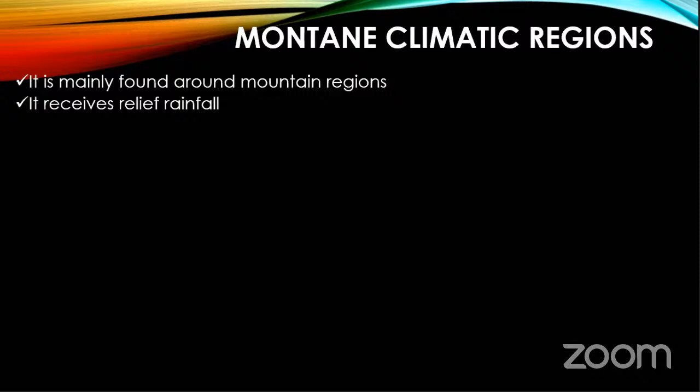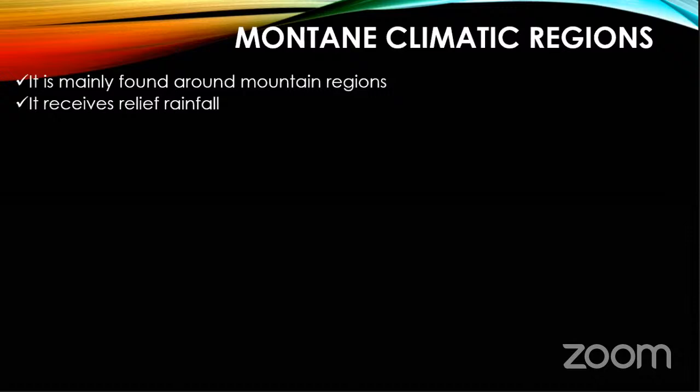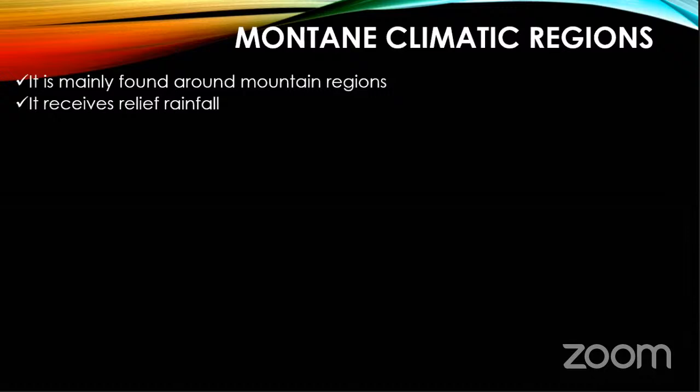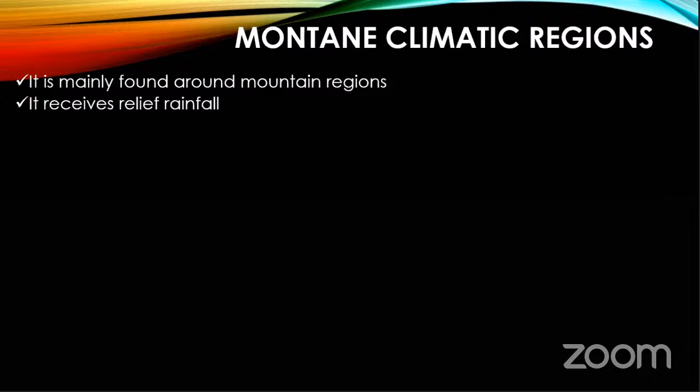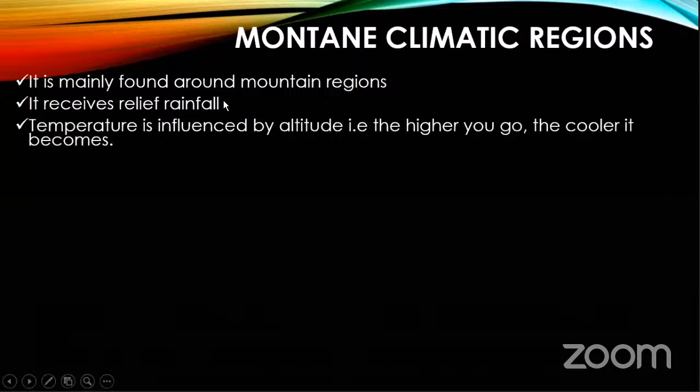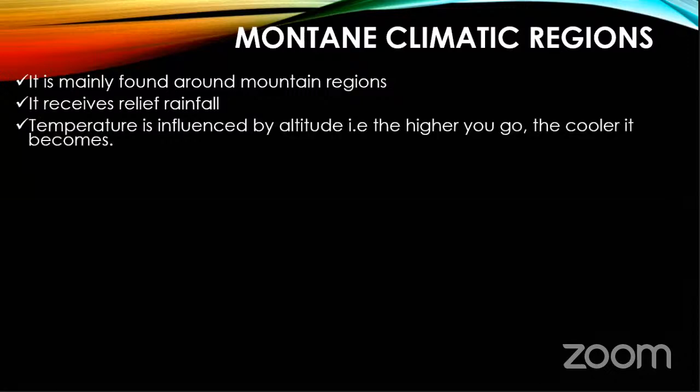You know relief rainfall. Relief rainfall is experienced from relief features, places near relief features like mountains. You know how the leeward side behaves and then the windward side, those things that you studied in P4, P5. We are describing montane climate. Then the temperature is influenced by altitude.